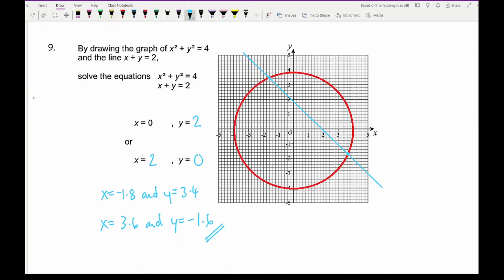And there we go. So this bit here is just to help plot x plus y equals 2.